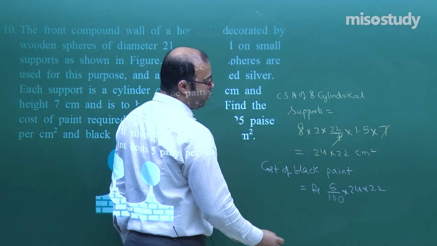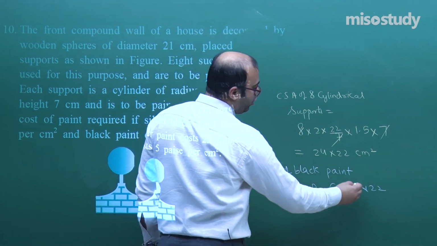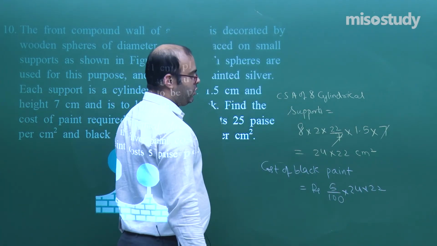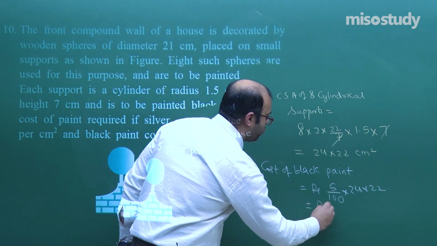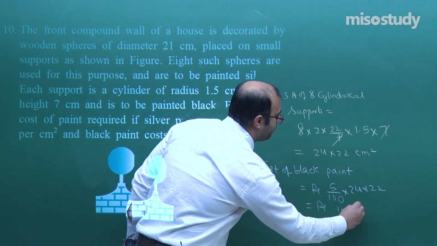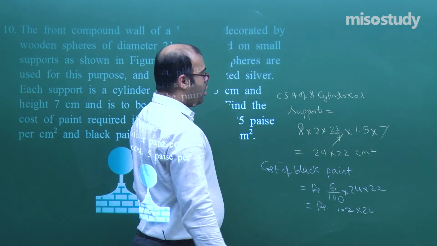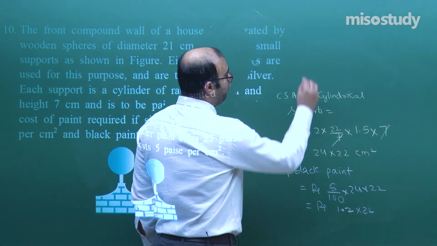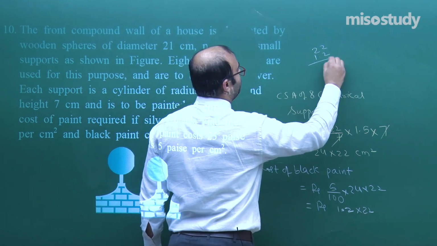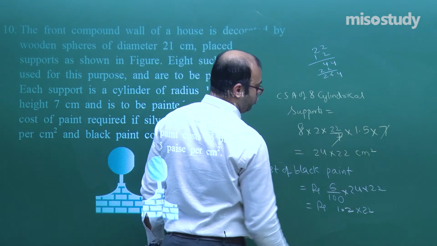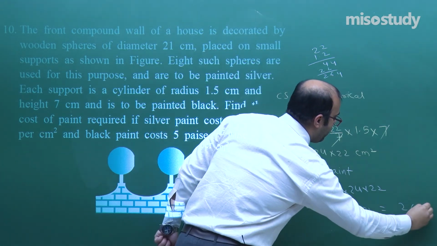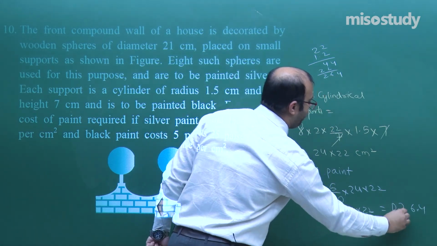Now, let us calculate this. 24 into 5 is going to be 120. So, we can write it like this, rupees 1.2 into 22. Now, when 22 is multiplied with 1.2, what do we get? 44 and again 22, 264. So, this will become 264 with a decimal here, rupees 26.4.